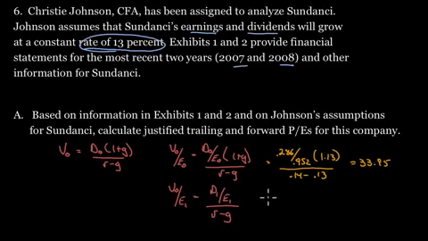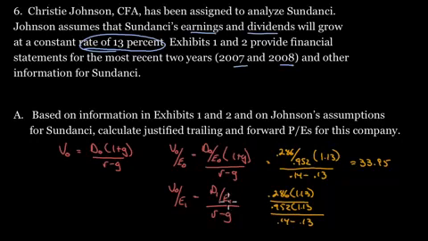Doing it here, D1 over E1, we can use the same 0.286 and 0.952. Let me show you why. This is D1. So D1 is nothing but D naught, 0.286, multiplied by 1.13. And E1 is nothing but E naught, 0.952, multiplied by 1.13, over 0.14 minus 0.13.